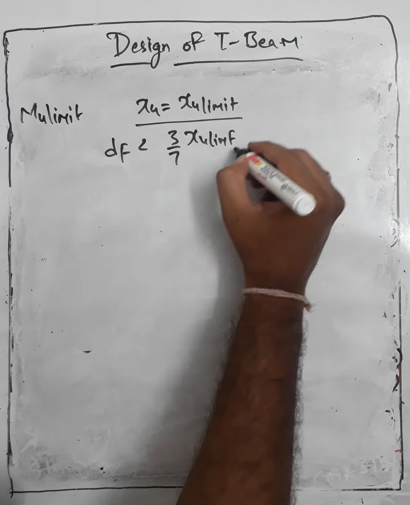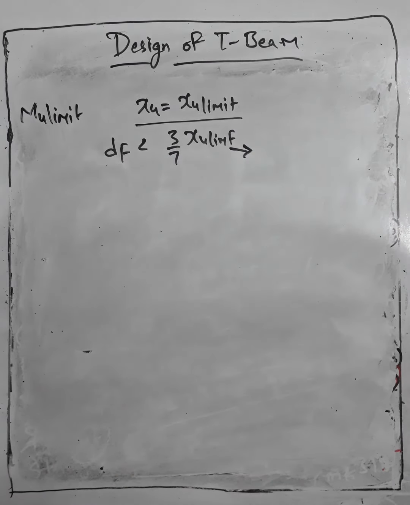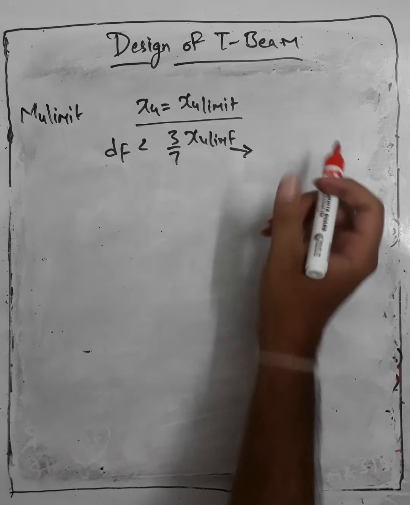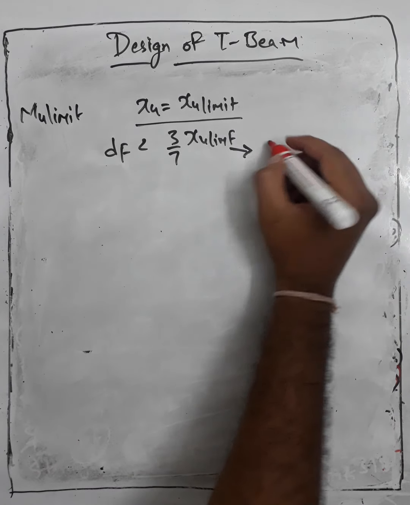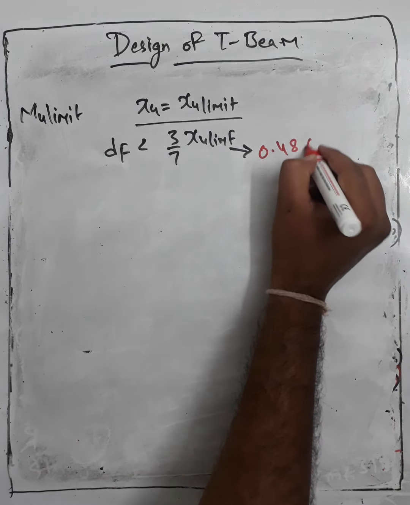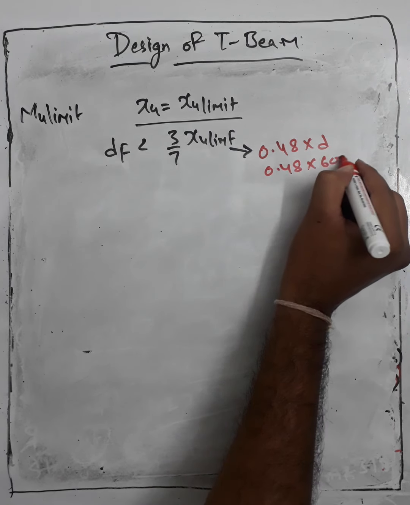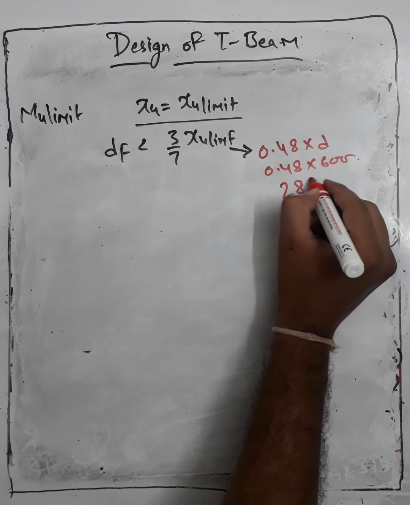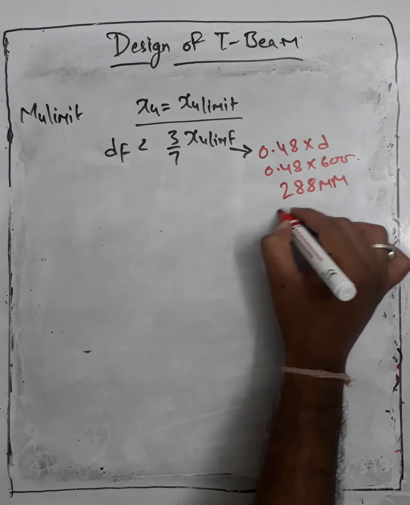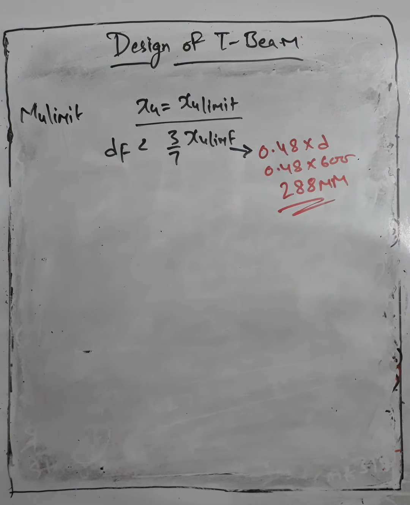First we have to find the XU limit, which is the maximum value of the neutral axis depth, and for Fe 415 we use the formula 0.48 into D. So 0.48 into 600, we get 288 mm. This is our XU limit.